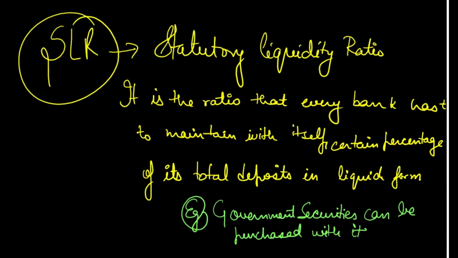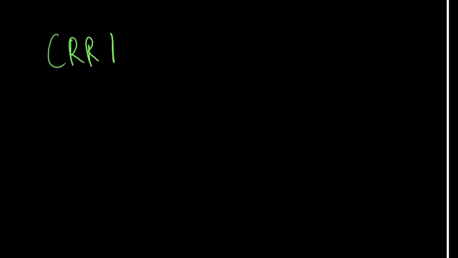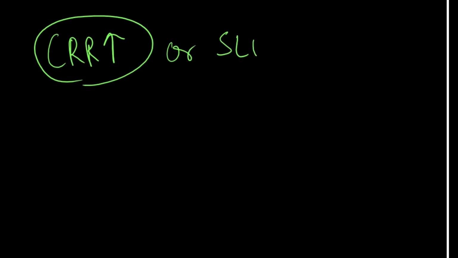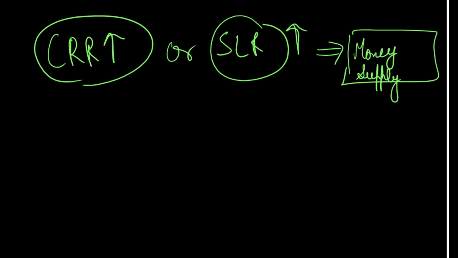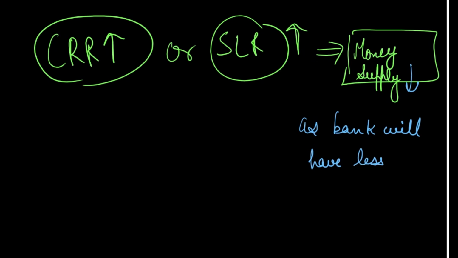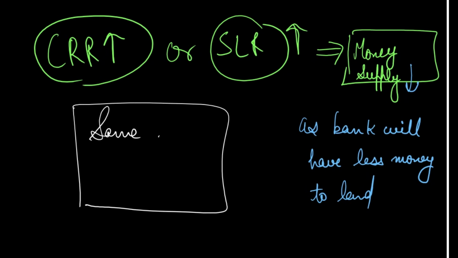So, if CRR is increased or SLR is increased, it means money supply has been decreased, as bank will have less money to lend. Same case is with repo rate.